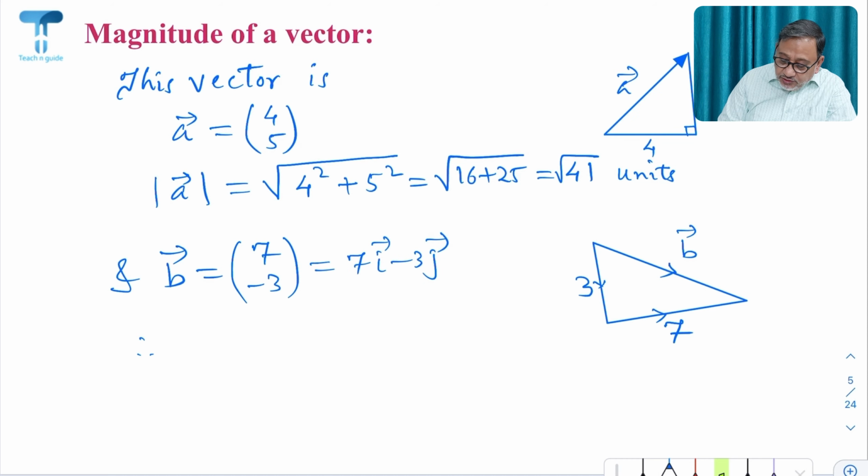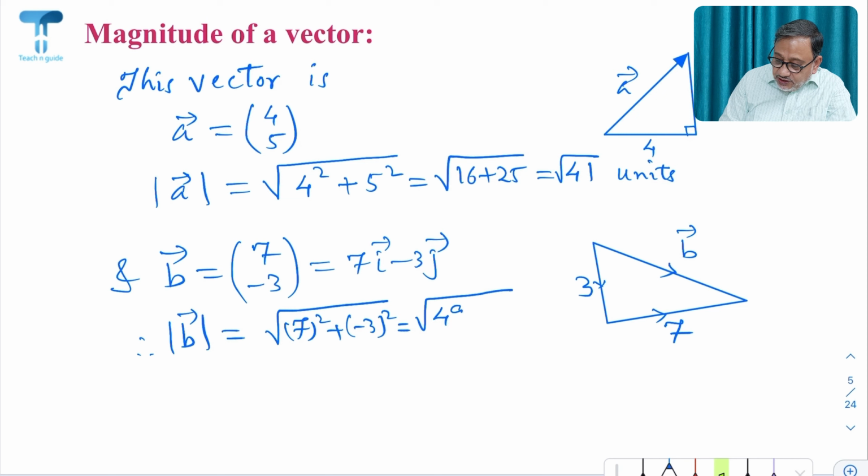So therefore magnitude of B will be square root of 7 square plus negative 3 square, so 49 plus 9, which will be square root of 58 units.